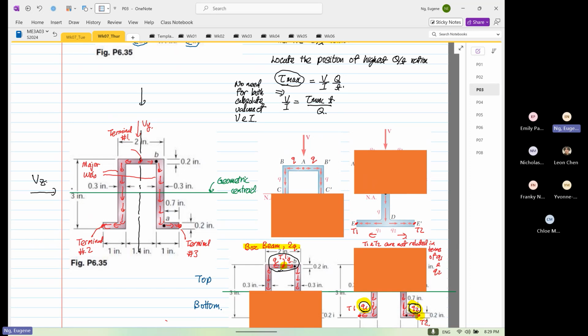If you look at VZ now, if I were to draw a horizontal yellow line, the left-hand side is not equal to the right-hand side. So the left-hand side is stiffer, this is a stiffer section, and this is less stiff. So the structure will deform in twisting, which we will not cover in this course. So if you see a problem like that, asking how to calculate VZ, you can't use the same concept anymore.